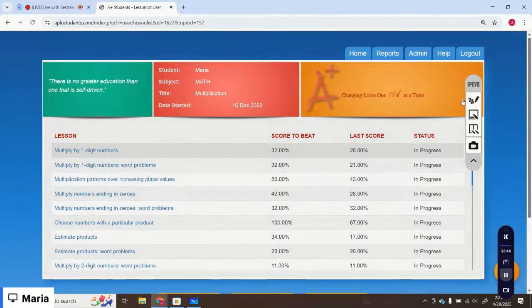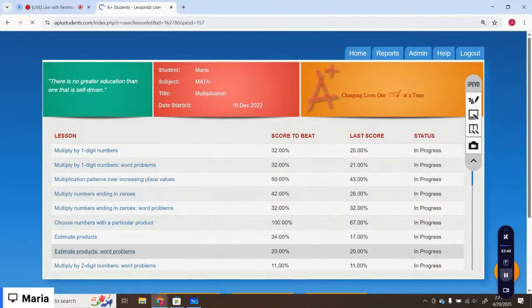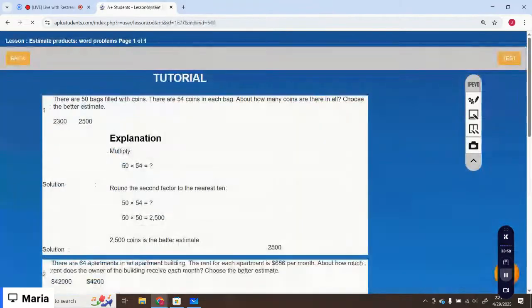The next lesson is estimate products, word problems. Let's just start with the lesson.